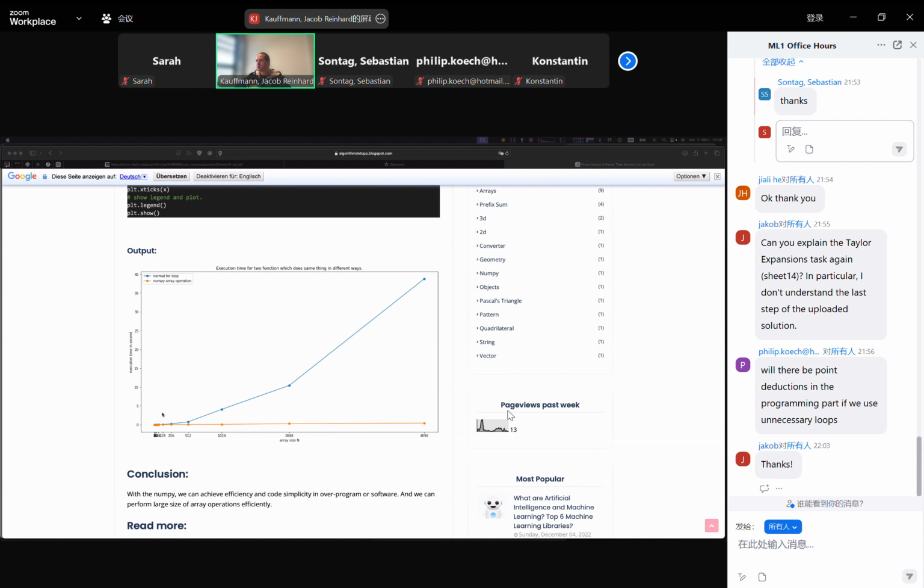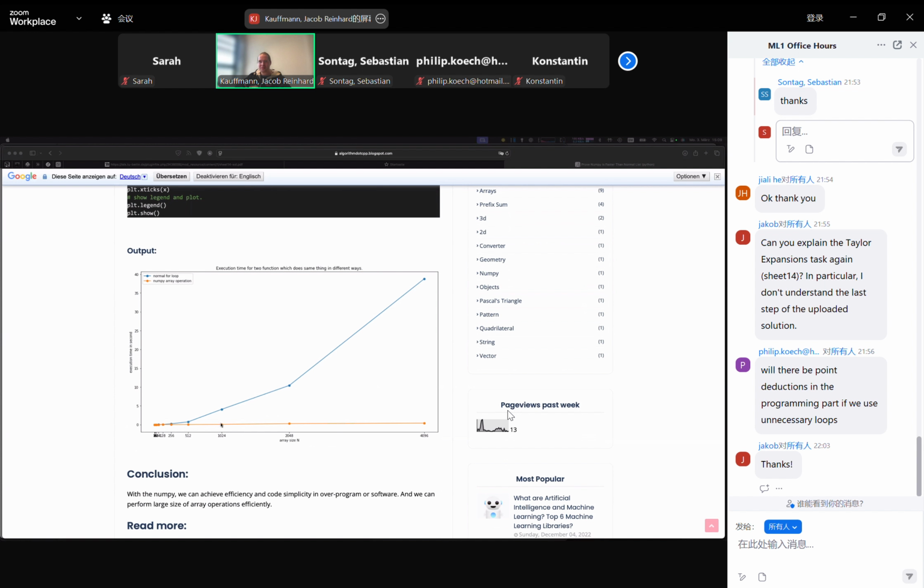And you see sometimes you have an effect like a quadratic complexity, right? Which means your runtime increases quadratically with the size of the inputs, and probably also quadratic in the array operation case.